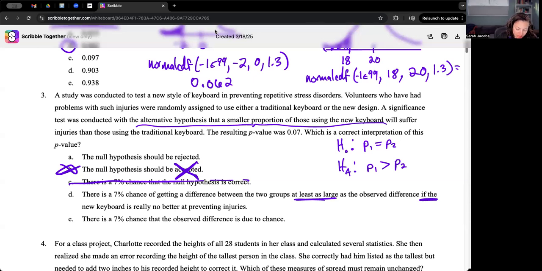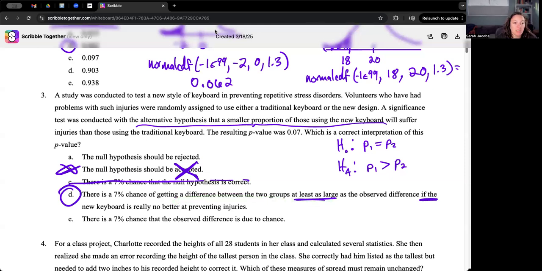So what we're saying with D is, if this is true, if the proportion of injuries with the new keyboard and the traditional keyboard is the same, then we have a 7% chance of getting a difference like the one we got or bigger. And that's just basically what a p-value is.